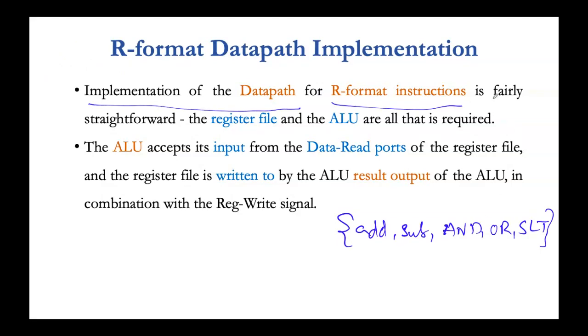So these R format instructions are fairly straightforward. The register file and the ALU are all that is required to perform this. The ALU, the arithmetic logic unit, accepts two inputs and one output.